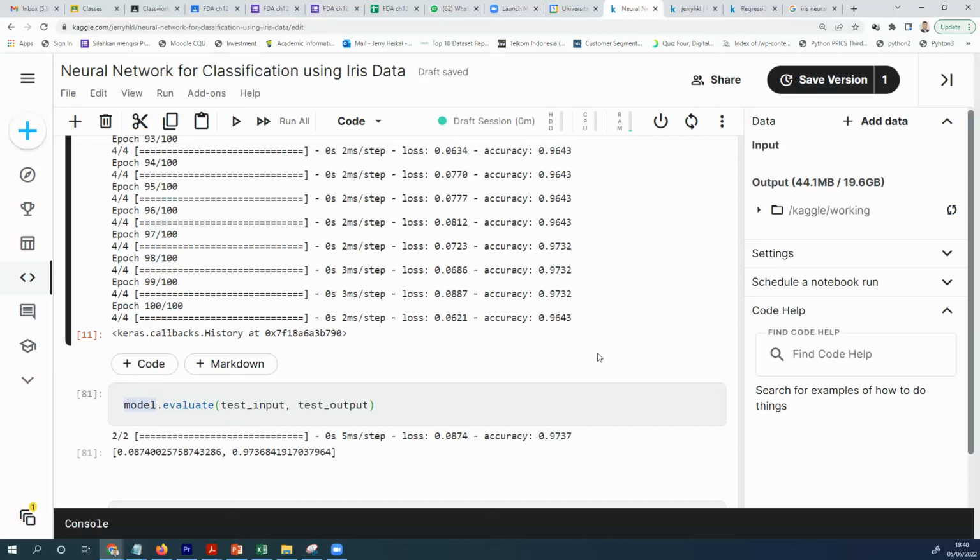The platform capacity, I haven't tested for millions of data yet, because this is under SaaS, software as a service, or PaaS, platform as a service. So supposedly there is a limit, not for extreme big data. Okay, got it, Pak. Thank you, Pak.